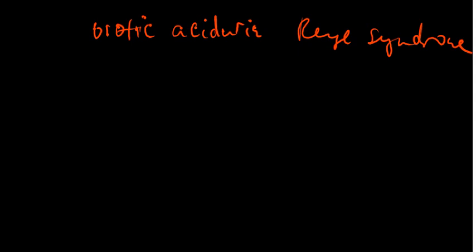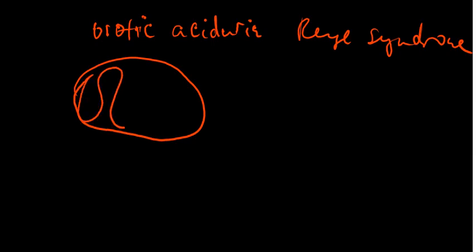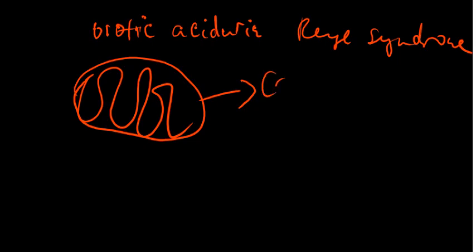This one is associated with severely damaged mitochondria. This is the mitochondria, which is the energy powerhouse of the cell. It damages the mitochondria, and the mitochondria is then unable to utilize the carbamoyl phosphate, which was one of the first reactants that we had talked about at the beginning of these chemical reactions.